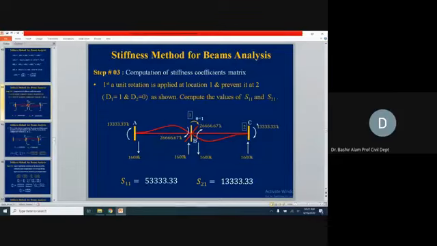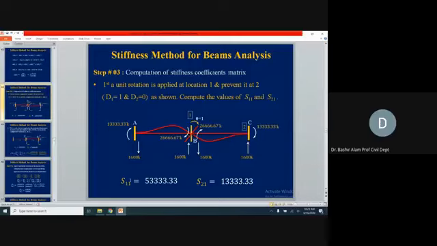Similarly, for the right hand side, we do the same thing and find out all these member end actions. S11 will correspond to this one location, and it will be the algebraic sum of these moments generated. Why are we taking moments? Because these correspond to the unknown joint displacement, which is rotation. So plus 246.67, and here again the other number.